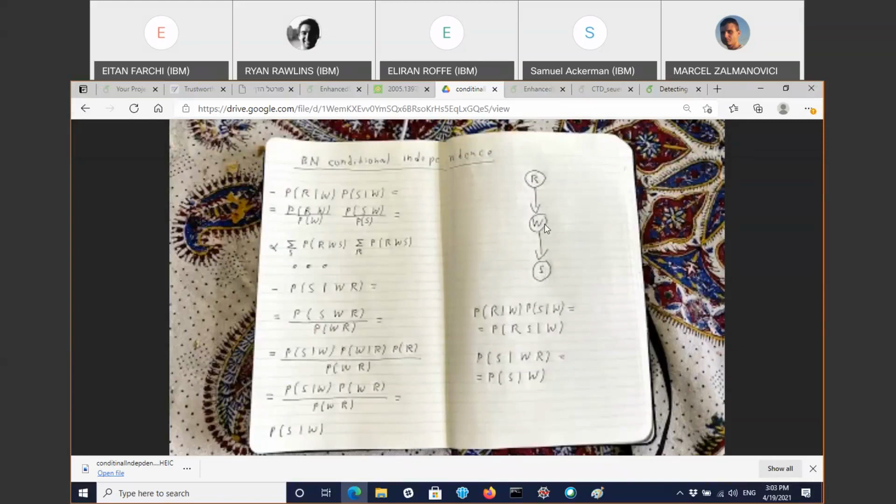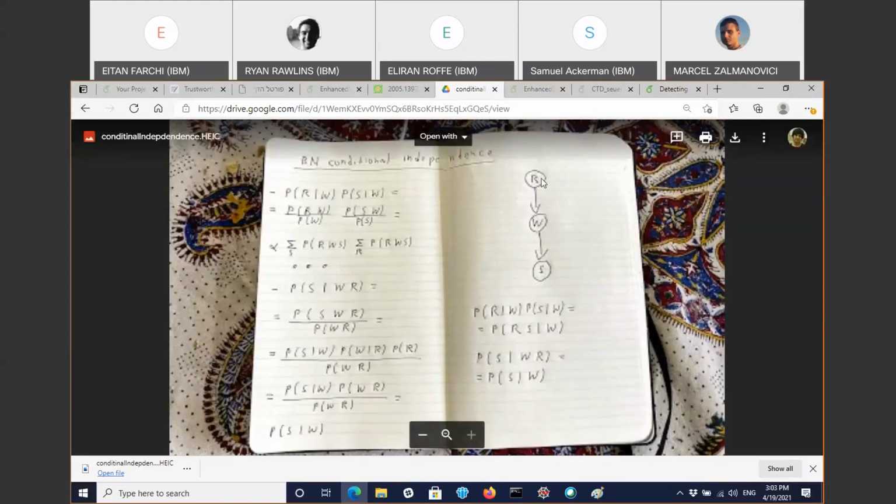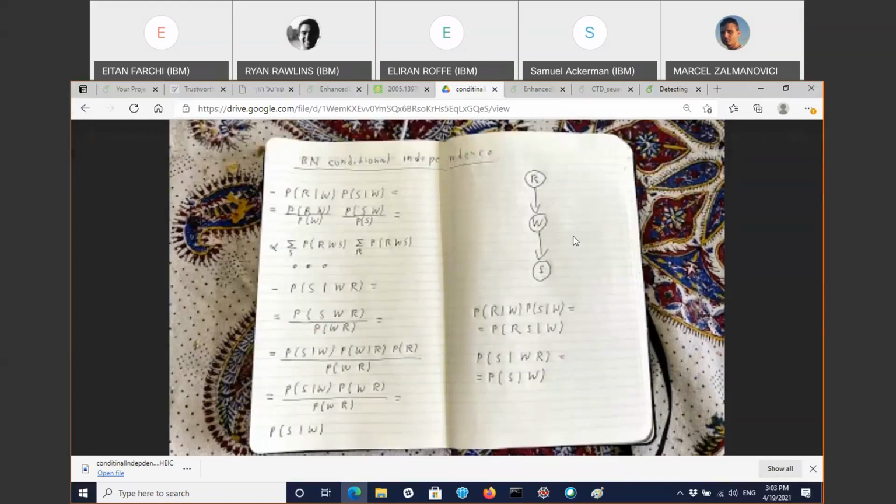It's no longer relevant. Raining becomes irrelevant, so to speak. So this is the intuition of the conditional probability we want to be able to read out of the network.